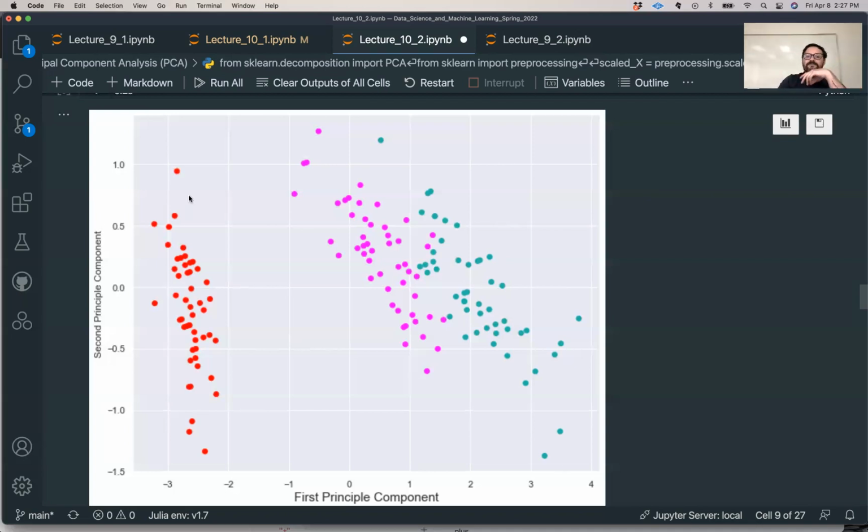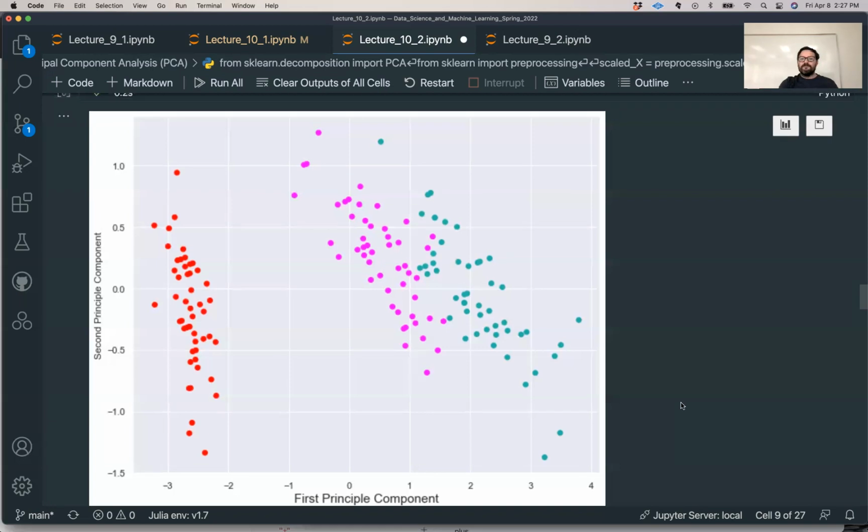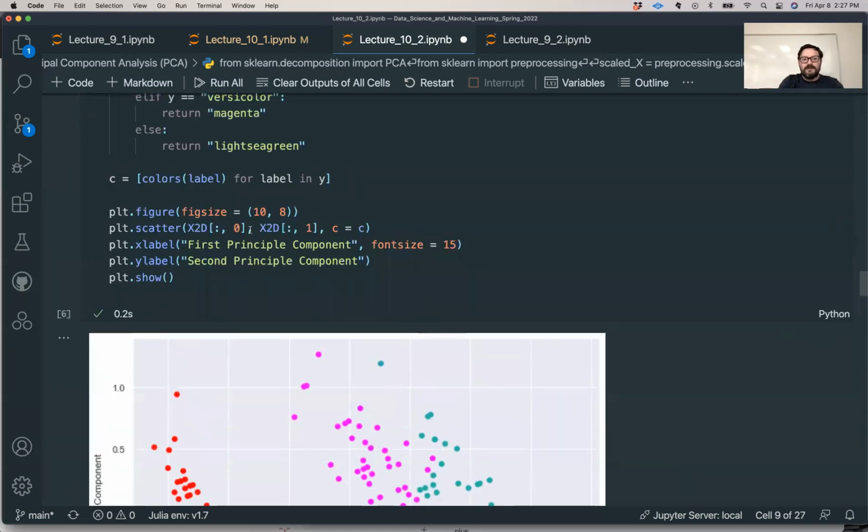Look at how the setosa in the y-axis is really stretched. And then look at the x-axis, the range of values between the data points. On the x-axis, that's the most variance in the data, right?